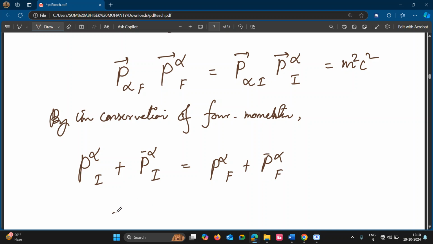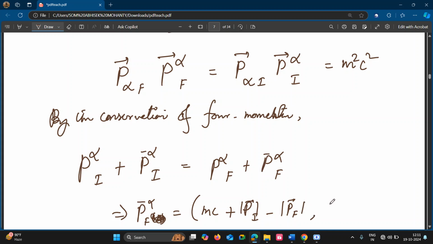So it will be giving me p bar alpha f, which is mc plus pi minus pf, and this will be pi minus pf. Is that all right?